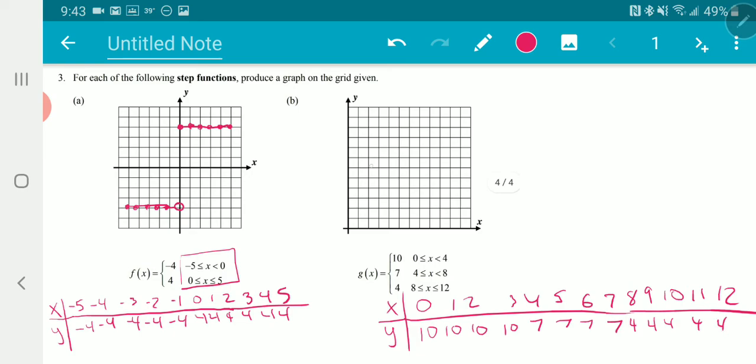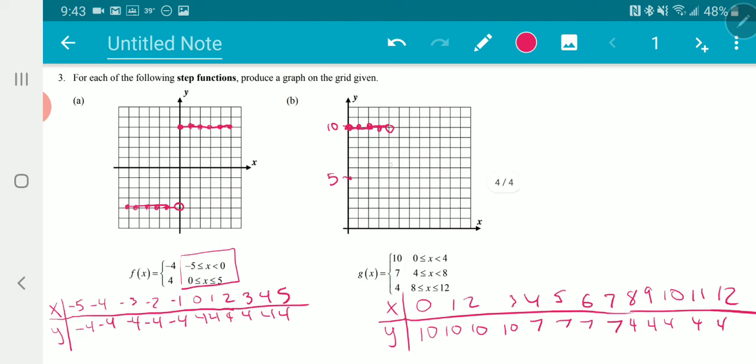So when I graph this one, let's see, 1, 2, 3, 4. This is 5 right here, 6, 7, 8, 9, and 10 up here. So it'd be 0, 10, 1, 10, 2, 10, 3, 10, and at that 4, that's going to get the open circle.